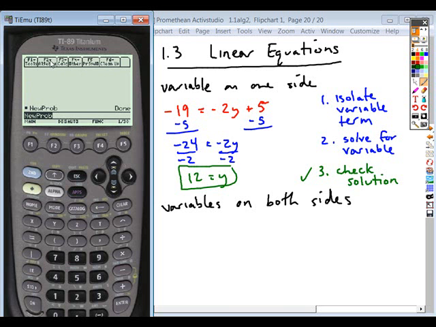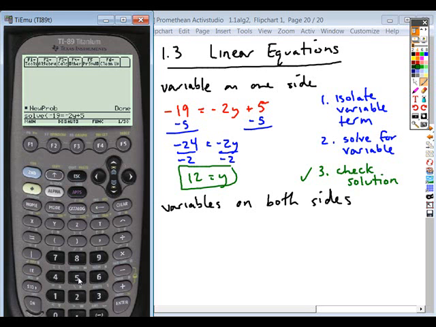But if you go to this F2 algebra tab, the very first command line in there is solve. This solve function is going to be very, very useful because as long as you enter your equation in correctly in the right format, it will give you your answer or answers. So if you hit solve and then just type the equation exactly as it appears. So negative 19 is equal to, again, the equal is right below the x, negative 2y plus 5.